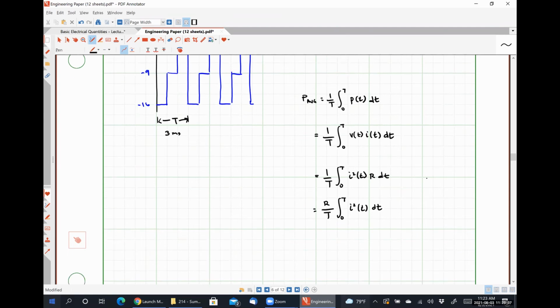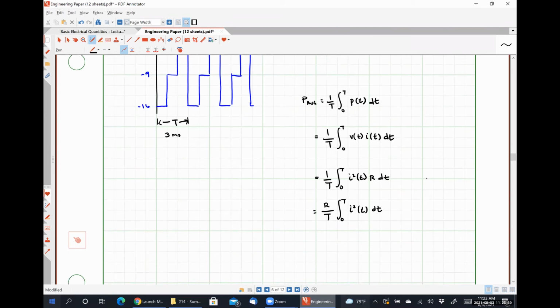So our average power, P average, will be 235 kilo ohms divided by our period, which we found to be 3 milliseconds, times the integral over 1 period.